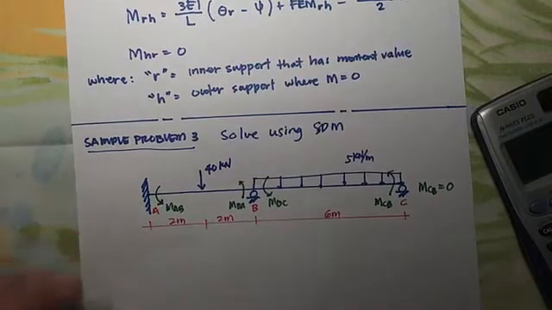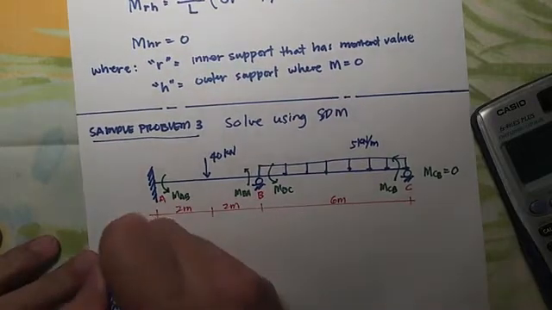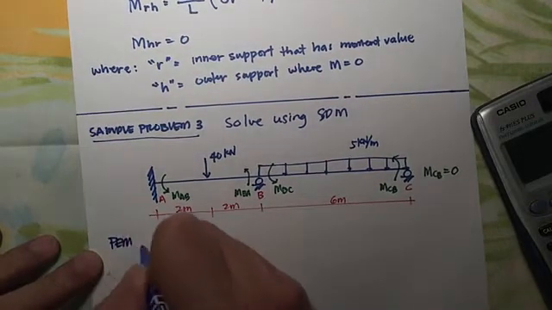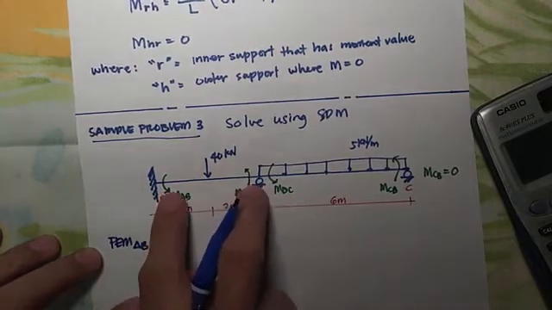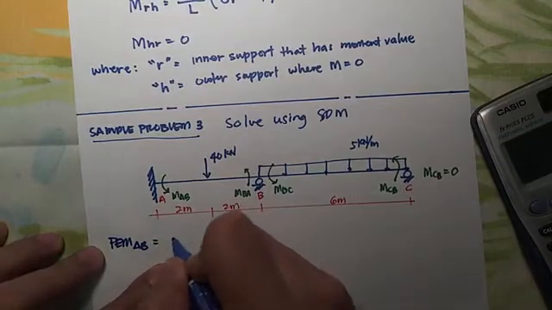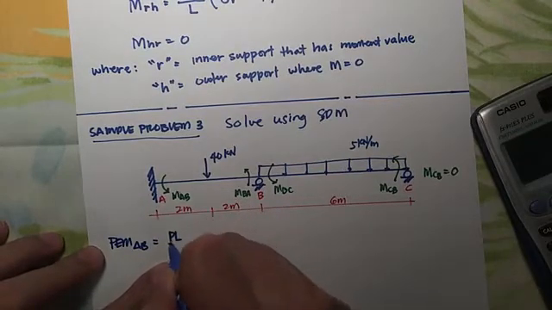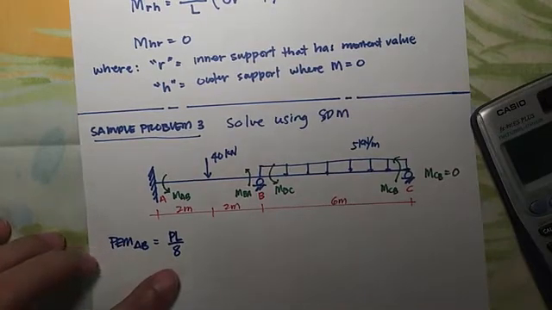So what are the fixed end moments here? For member AB, we have a concentrated load at the midspan, so the fixed end moment on AB would be PL over 8, as we have derived in the previous discussions.